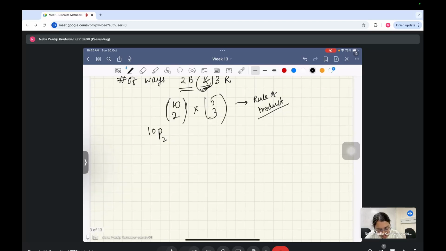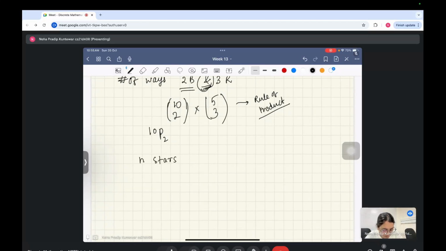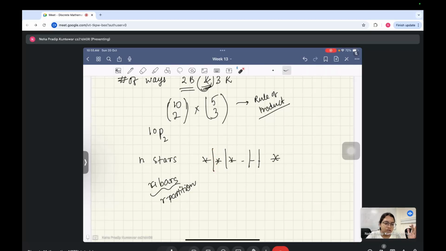If you have n stars and you want to place bars amongst them so that they form r partitions, note that one bar partitions your set into two, so to make r partitions you will need r minus 1 bars. The number of ways of doing this is given by n plus r minus 1 choose n, and this is what we call stars and bars counting.